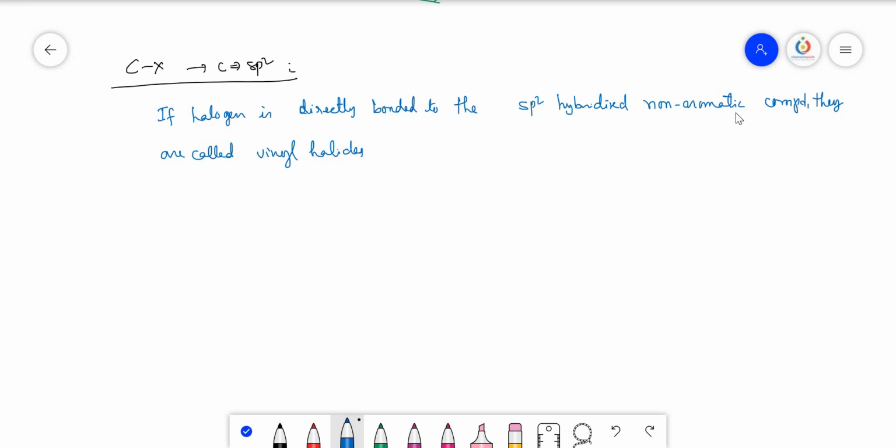You must remember that the compound must be non-aromatic, okay, because in aromatic also sp2 hybridized carbon may be present.